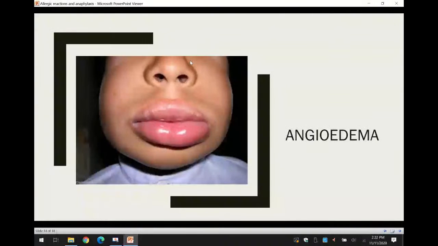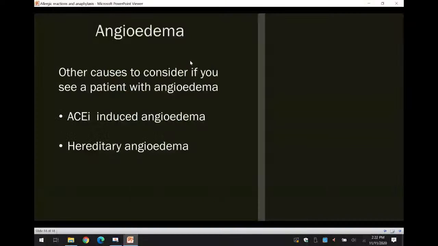So I want to include angioedema overall, because not all angioedema is anaphylactic. Some of the other things help tease out whether it's going to be anaphylaxis or not. Your two main other kinds of angioedema are ACE inhibitor-induced and hereditary angioedema.